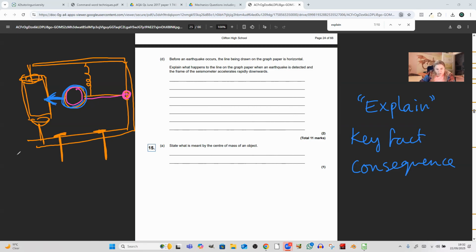So if I was to draw a picture of what happens when the frame of the seismometer accelerates rapidly downwards, let me draw it in white. Everything that's orange has moved down, and that pink hinge has moved down.